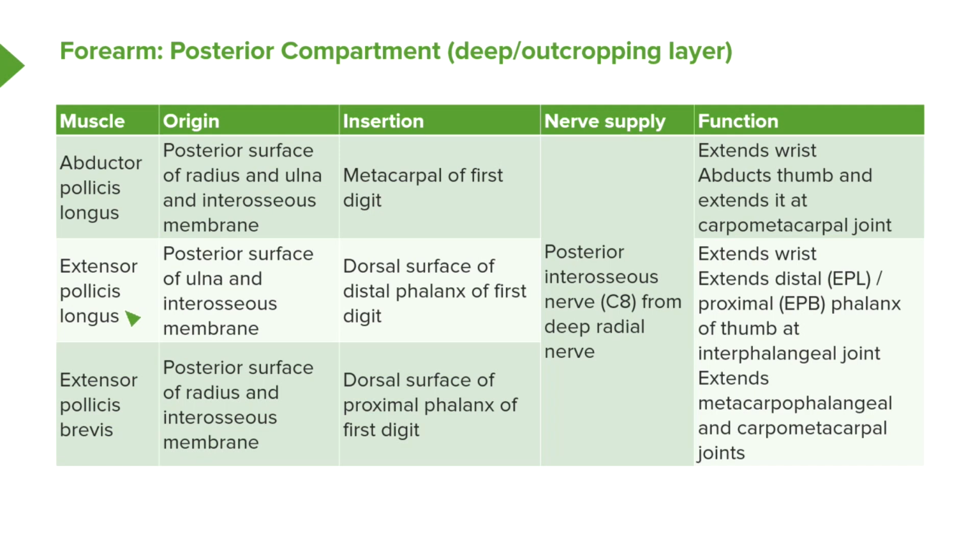So here we have extensor pollicis longus passing to the distal phalanx, and extensor pollicis brevis passing to the proximal phalanx. And this is where they get their names, longus and brevis. Longus, the longer of the muscles, passes most distally to the distal phalanx, and brevis, the shorter of the muscles, passes to the proximal phalanx.